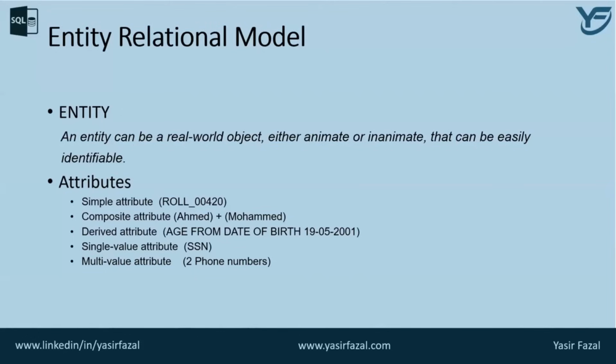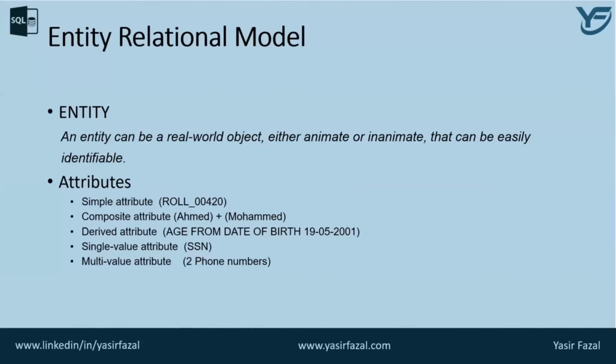These types can also be combined together. You can combine a simple attribute with a single value attribute, and a simple attribute with a multi-valued attribute. You can also use a composite attribute with single value attributes and composite with multi-valued attributes. So this is the pretty simple idea about the entity and respective attributes.